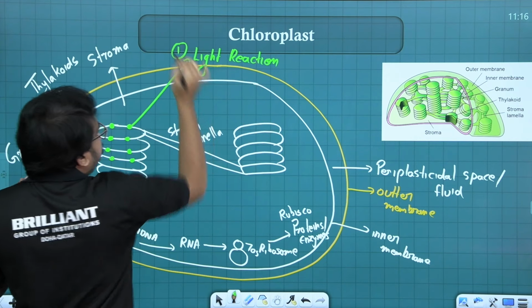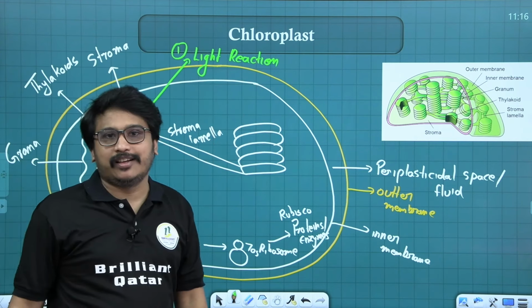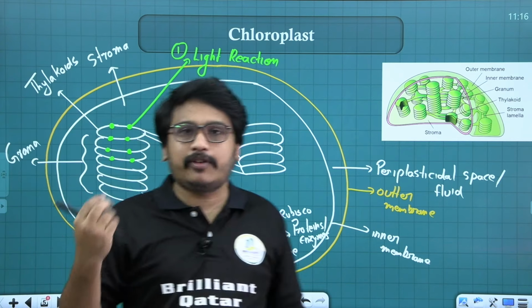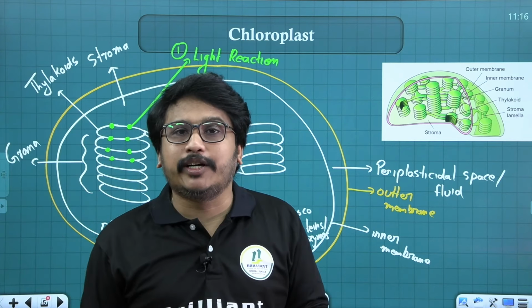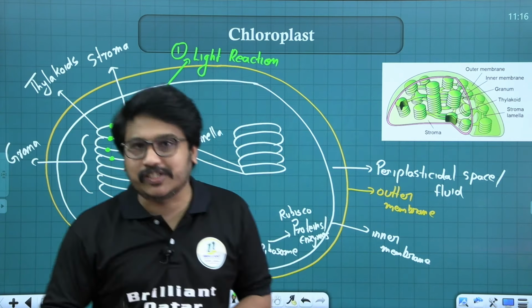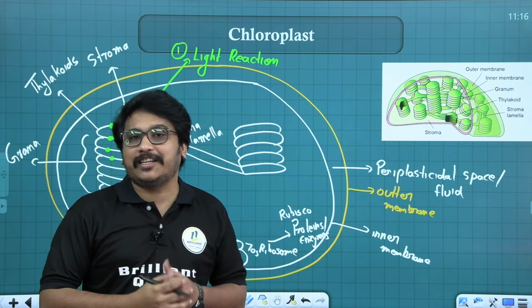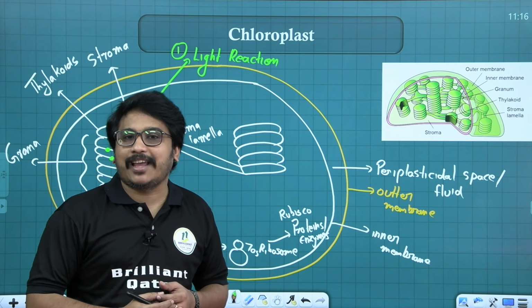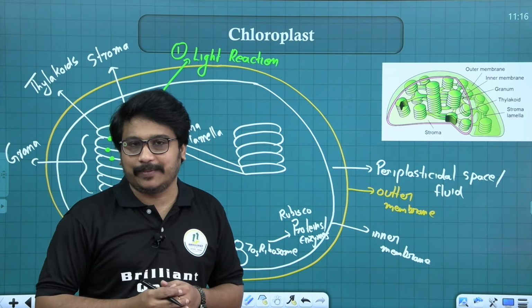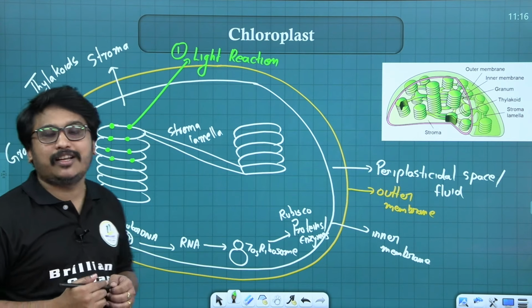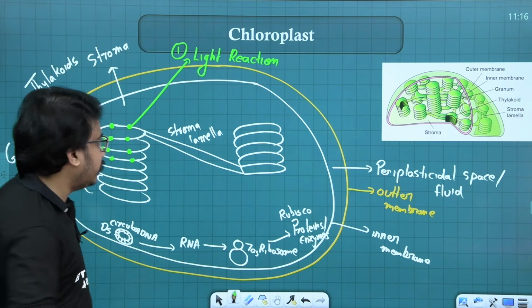So our first discussion will be light reaction. The light energy from the sun gets converted into chemical energy, and that happens in the thylakoid. They harvest the light energy and using that they produce chemical energy. So radiant energy from the sun is converted into chemical energy.